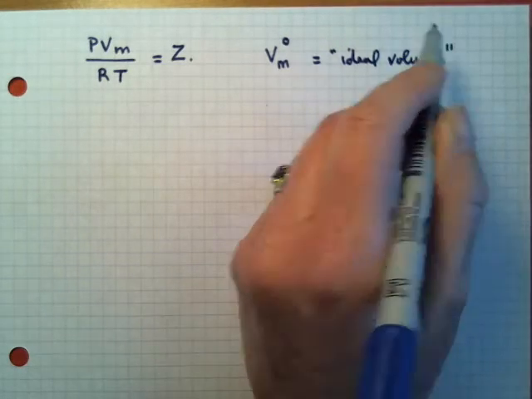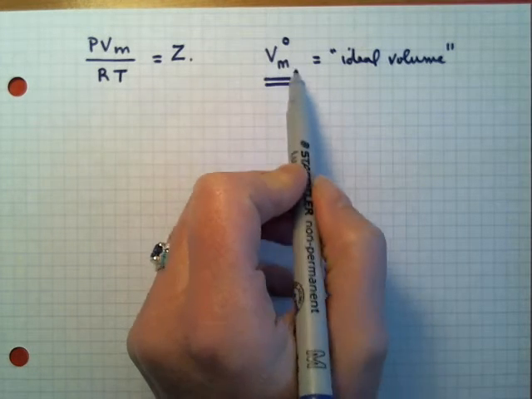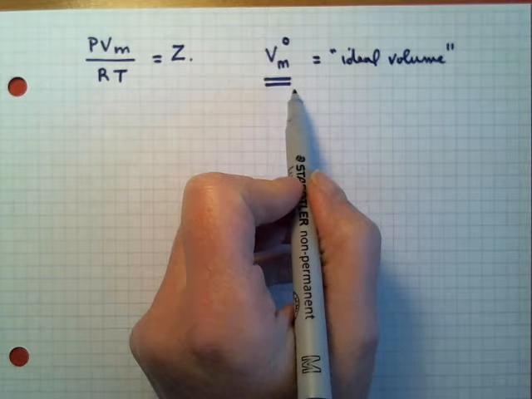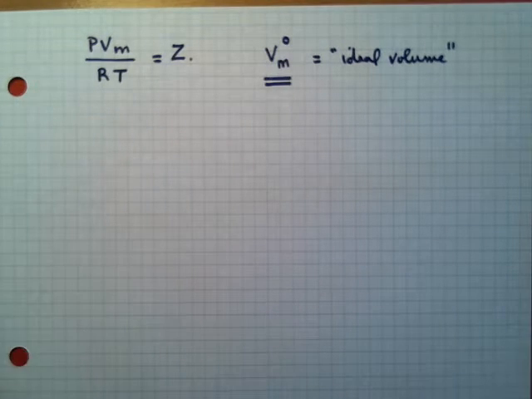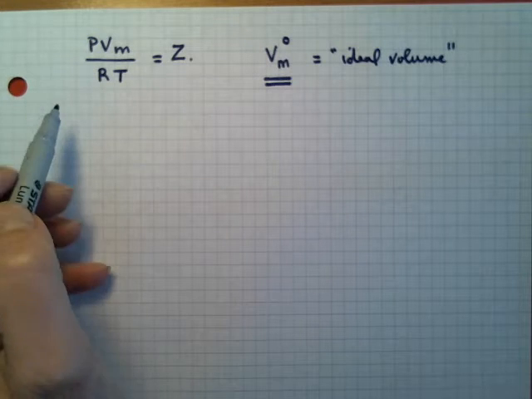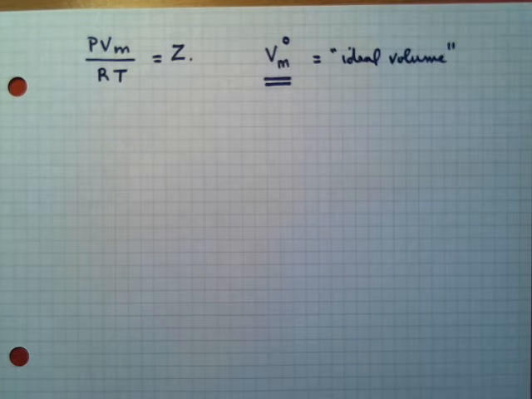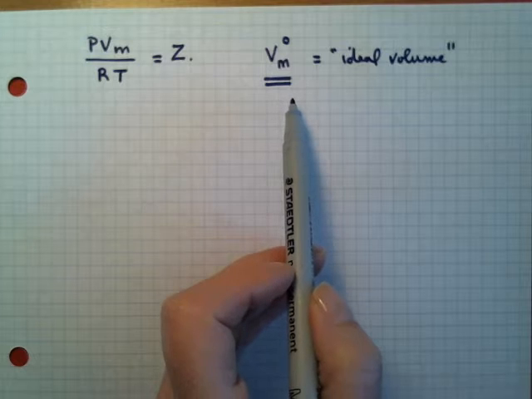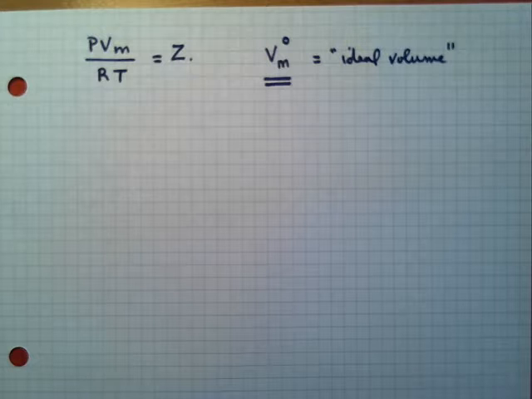And that ideal volume is the value that PV equals nRT would actually predict, using the ideal gas equation of state or perfect gas equation of state. So Vm by itself, without the little sign, is the real volume. So if the gas is experiencing net attractive forces, then think about the volume that it actually occupies as compared to the volume that's predicted. Would it actually occupy a larger volume if the particles have a net attractive force for each other?